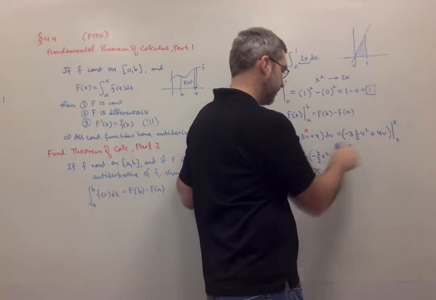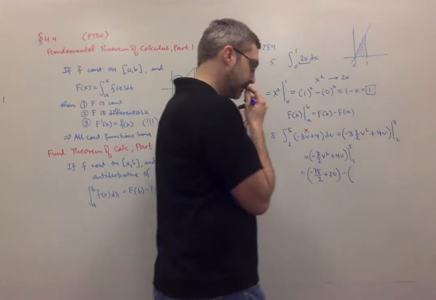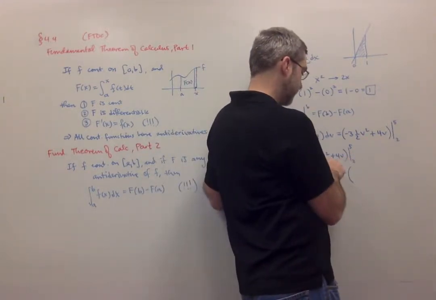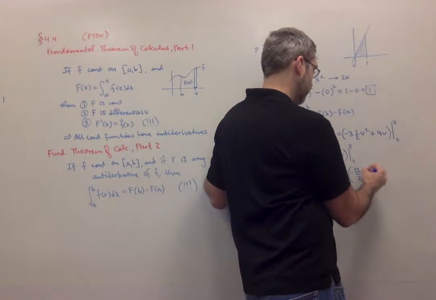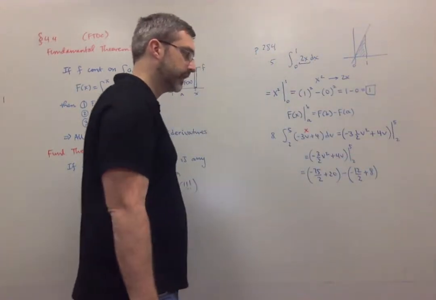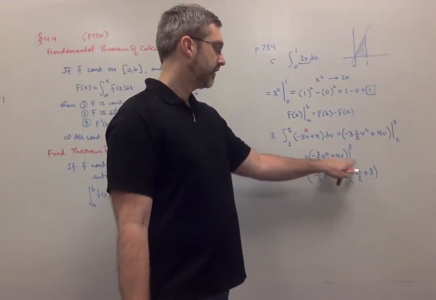So I just plugged in 5. Minus, now let's plug in 2. So we get negative 3/2, and 2 times 2 is 4, so I've got negative 12/2 plus plugging in 2 here gives me 8. Okay, got it? So we're just plugging in 5 minus plugging in 2.